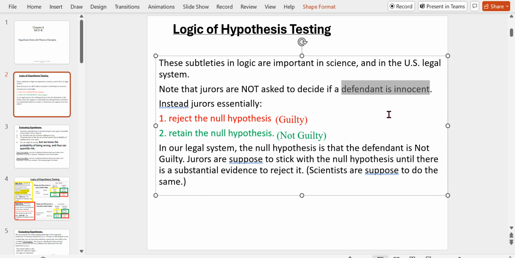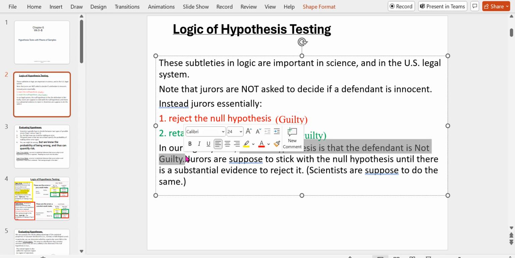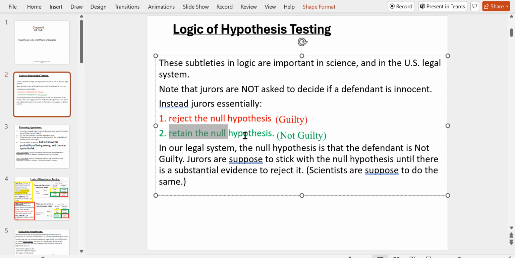And if there's not enough evidence to prove that they are guilty, then they're not. In our legal system, the null hypothesis is that the defendant is not guilty. You are supposed to retain that. That is where we are at, retaining the null. That's why it's such an important concept. That is our pillar of strength.